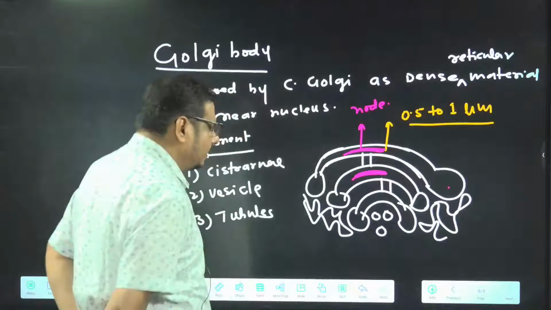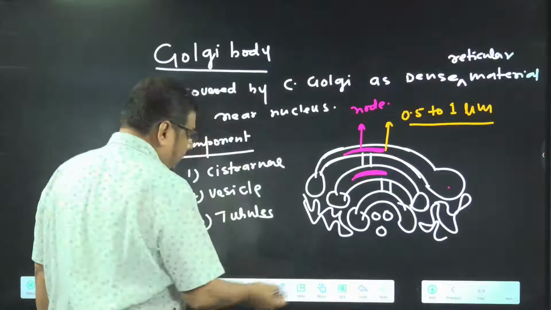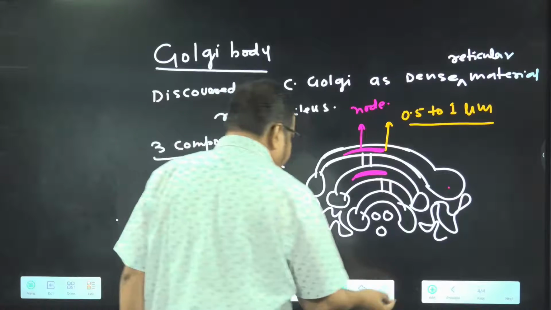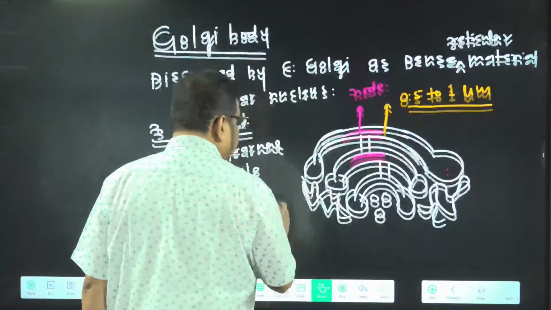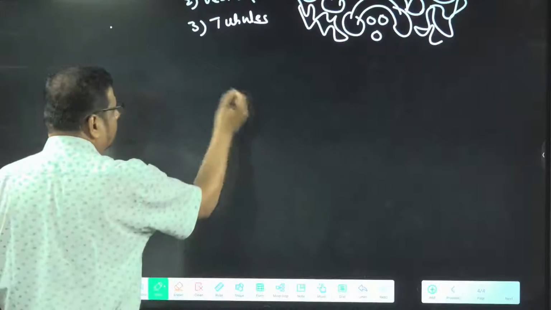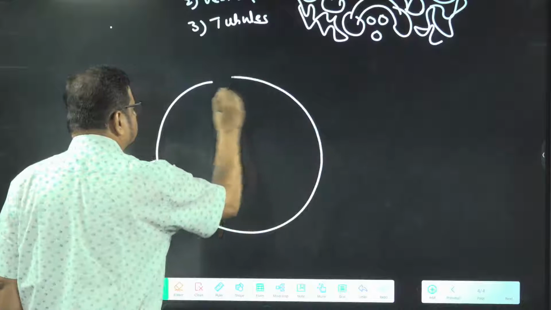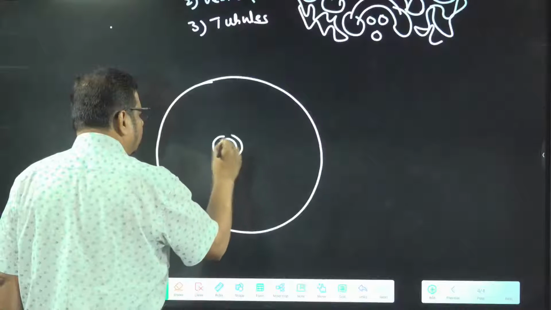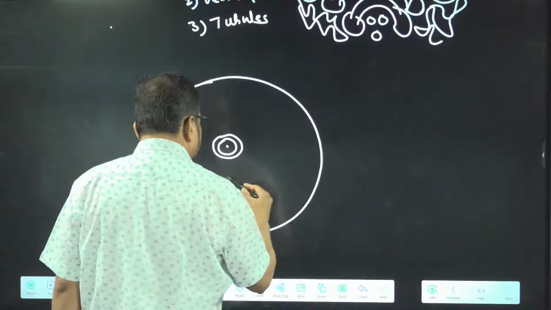Now I am drawing the Golgi body structure along with the cell. Then you got a better picture, right? So have a look here. Look here, this is a cell. This is the nucleus. And now here I am drawing Golgi body.